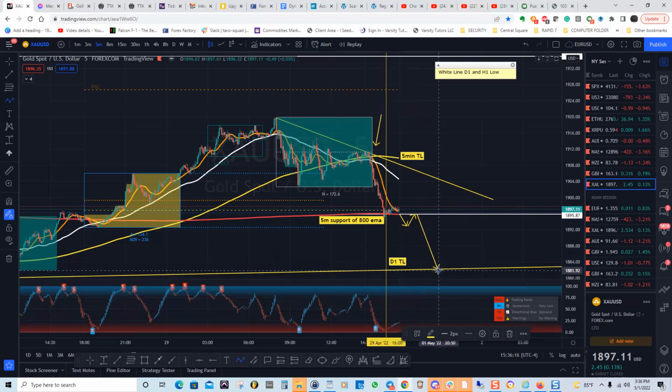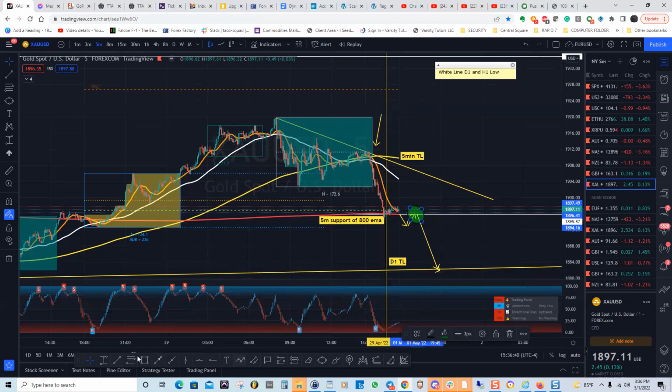I have to remember the retest. It bounces off. No, I'm looking for it to continue going up, but it's just a retest. So if it breaks this 800 and comes back to retest the 800, I'm taking it down to the daily trend line.